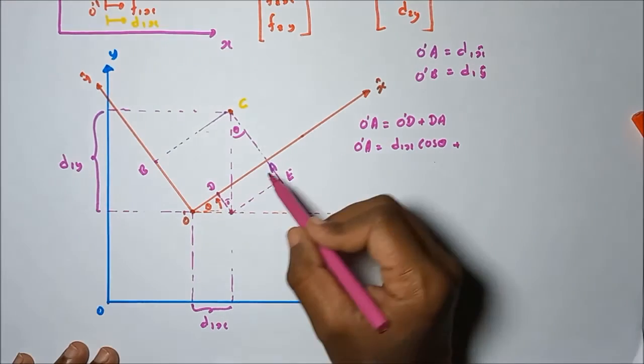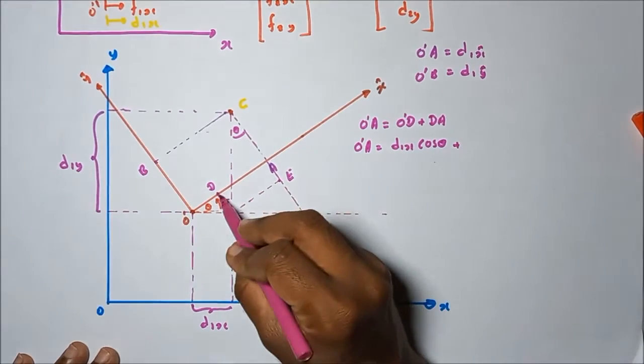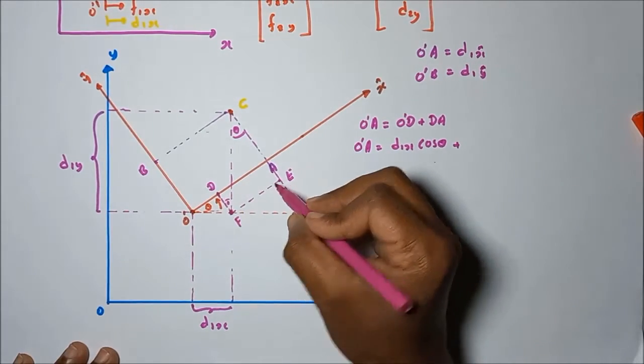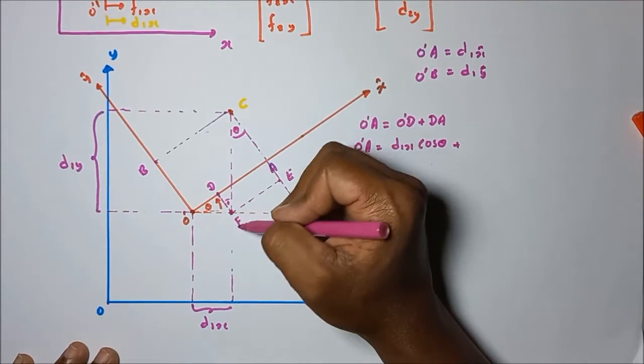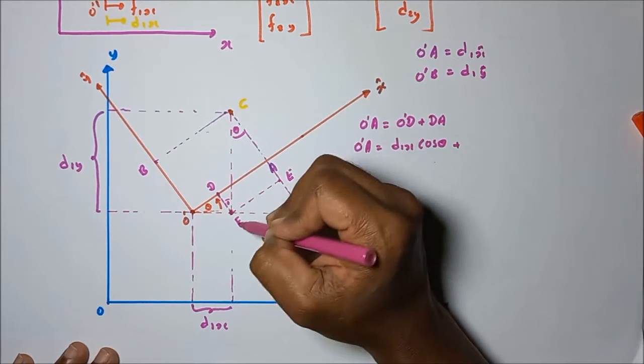Let's take this point as F. dA is equal to FE. From triangle CFE, d1y sin theta is equal to FE.